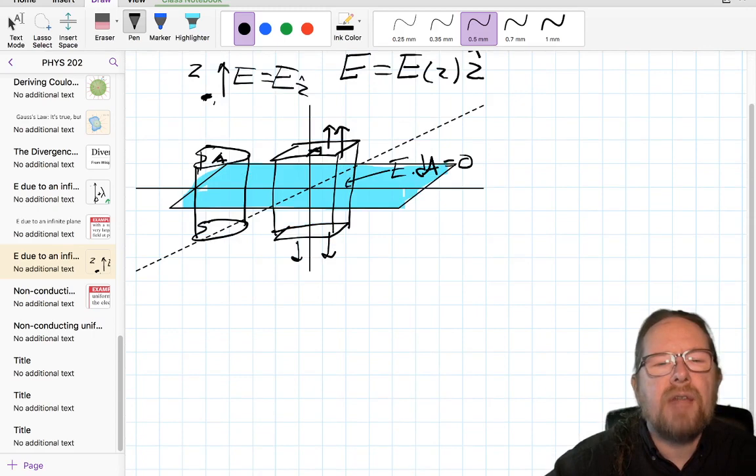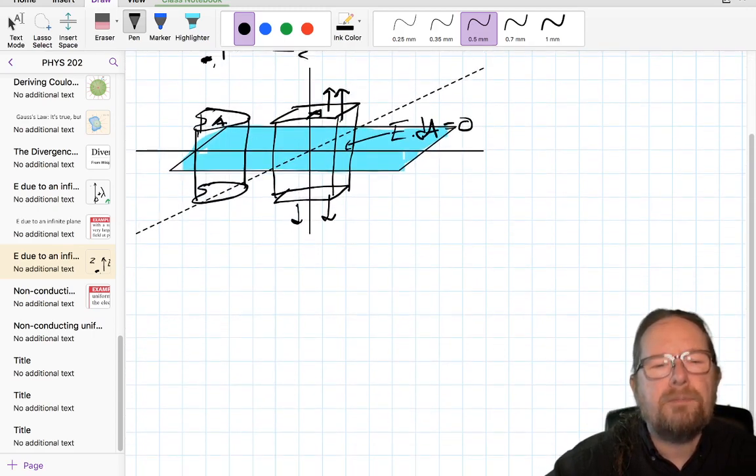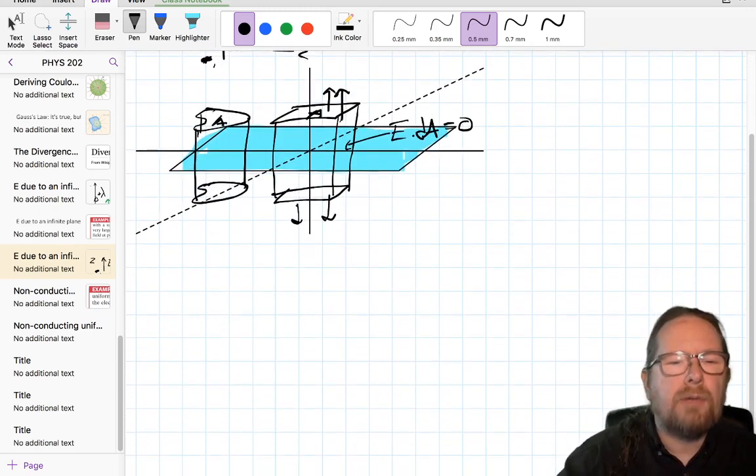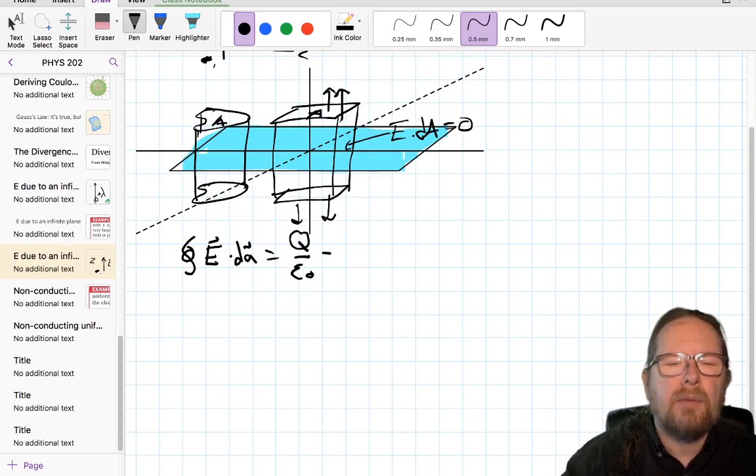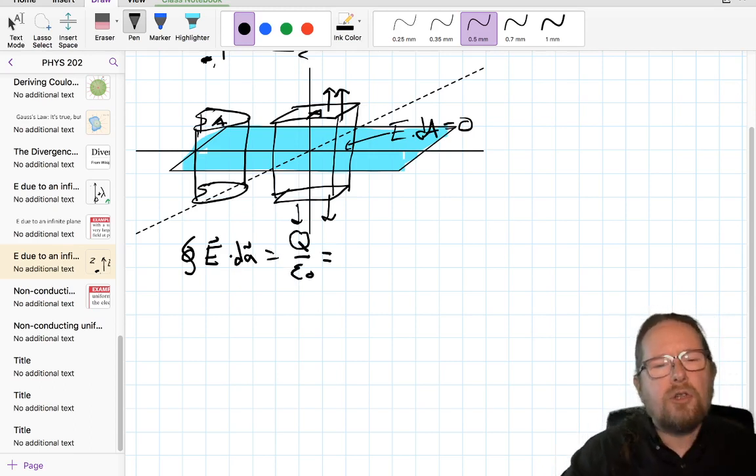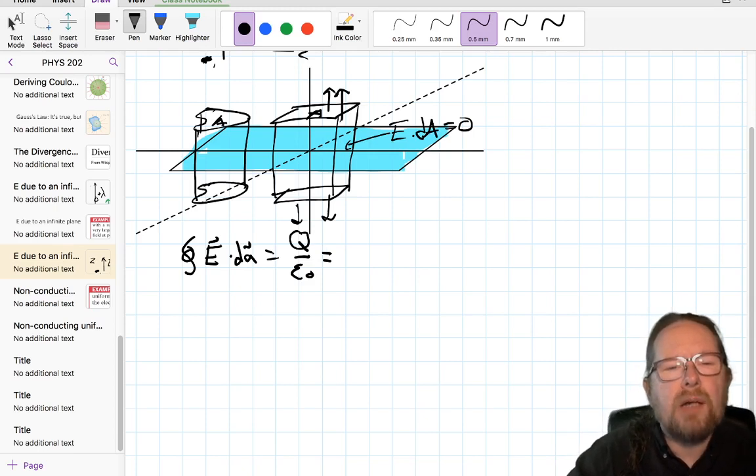Gauss's law tells us that the integral of the electric field over my closed surface, E dot dA, is equal to the charge enclosed by our surface divided by epsilon 0, the permittivity of free space. What is the charge enclosed by this box we just drew?